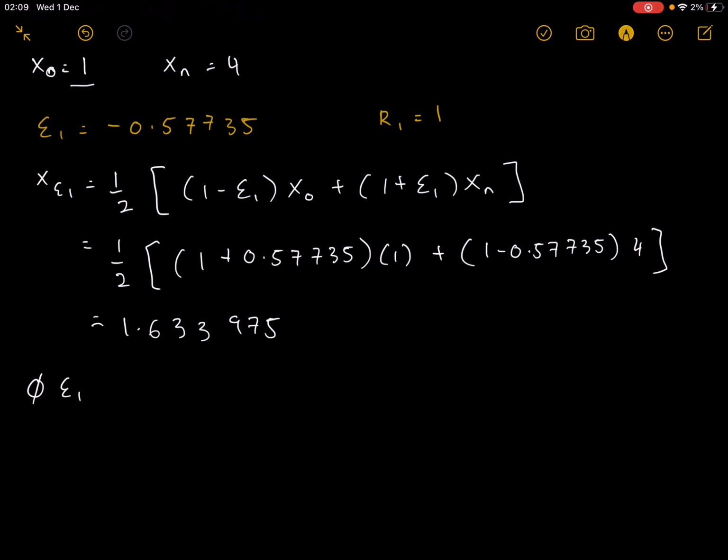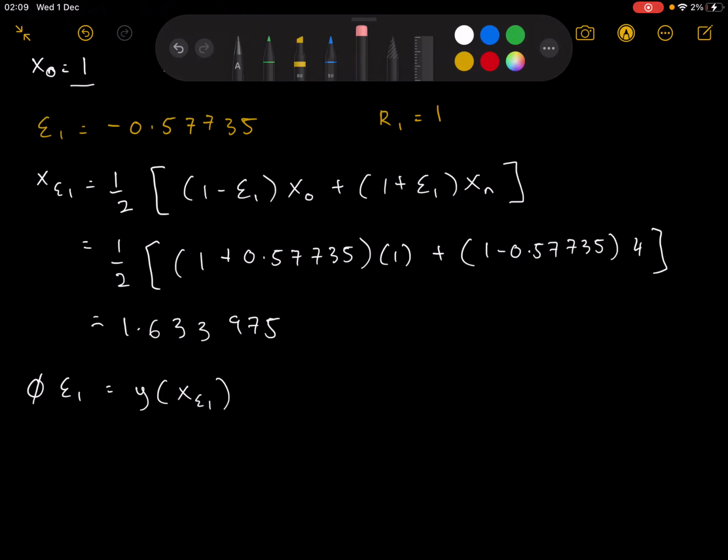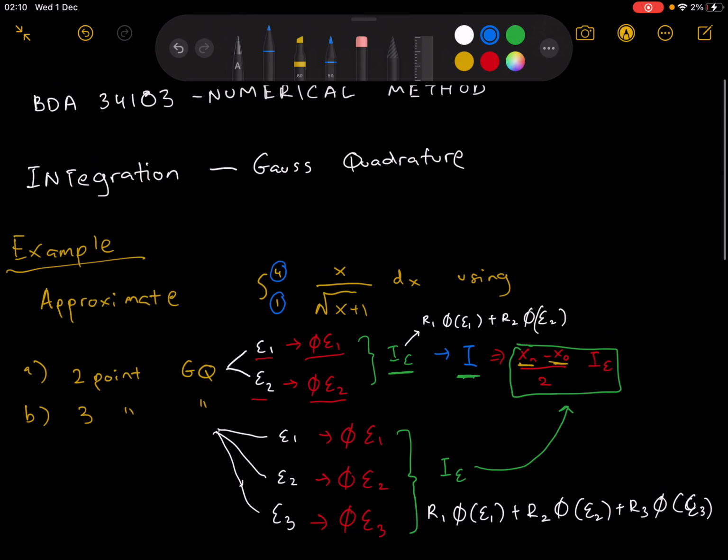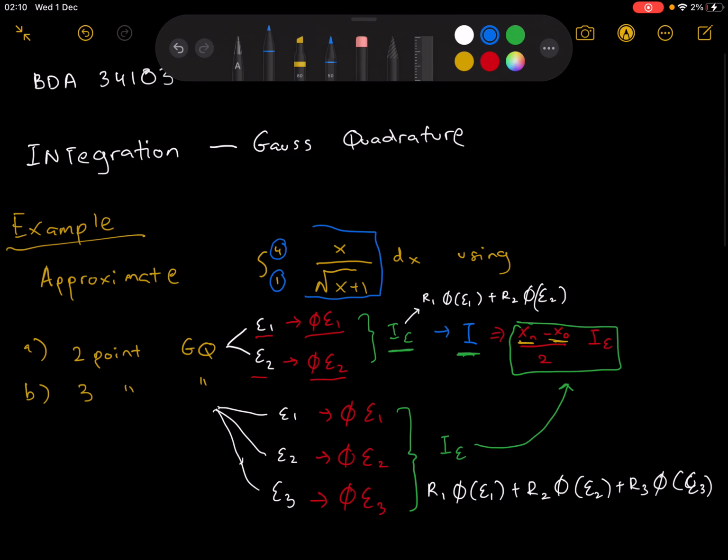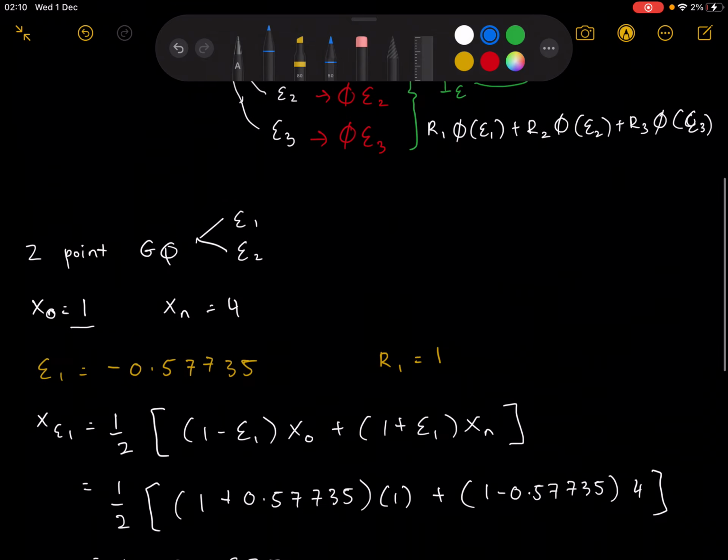So once we determine the x zeta, we determine the phi zeta 1, which is y x zeta 1. Maybe I'll change the color, make sure you see the step. So next we determine the phi zeta 1, which is equals to y x zeta 1. So we call back the function. The original function is x over square root x plus 1.